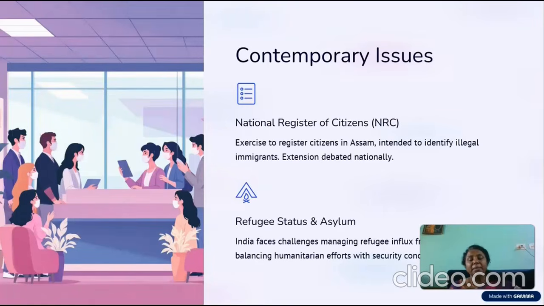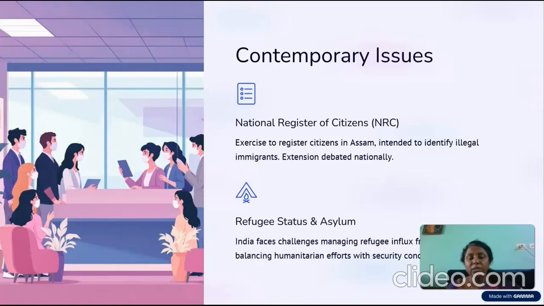Then the contemporary issues that we have now are refugee status and asylum. You know what a refugee is: when a country is going through some internal problem, the people come from there to our country. Especially we face it with Sri Lanka and Bangladesh. So that is an issue that we have, and the NRC, the National Register of Citizens.